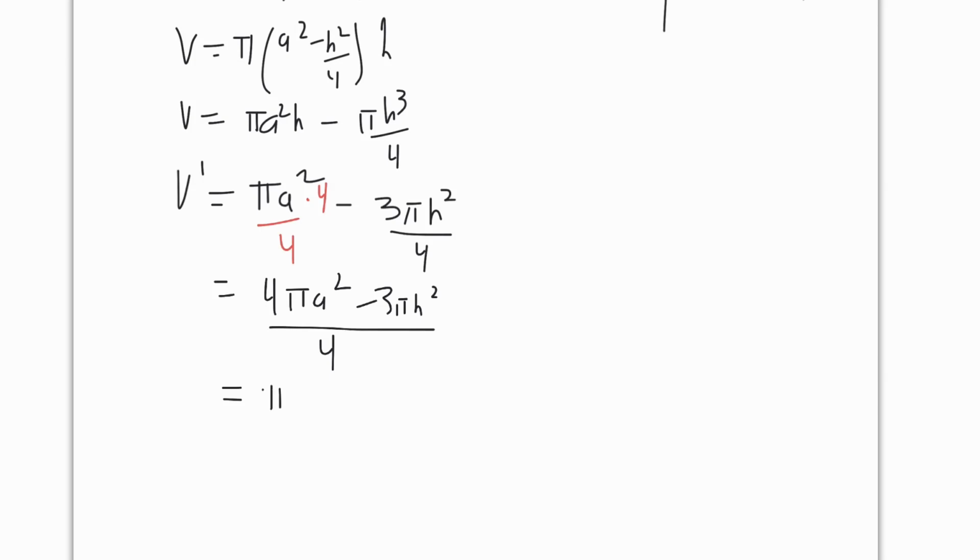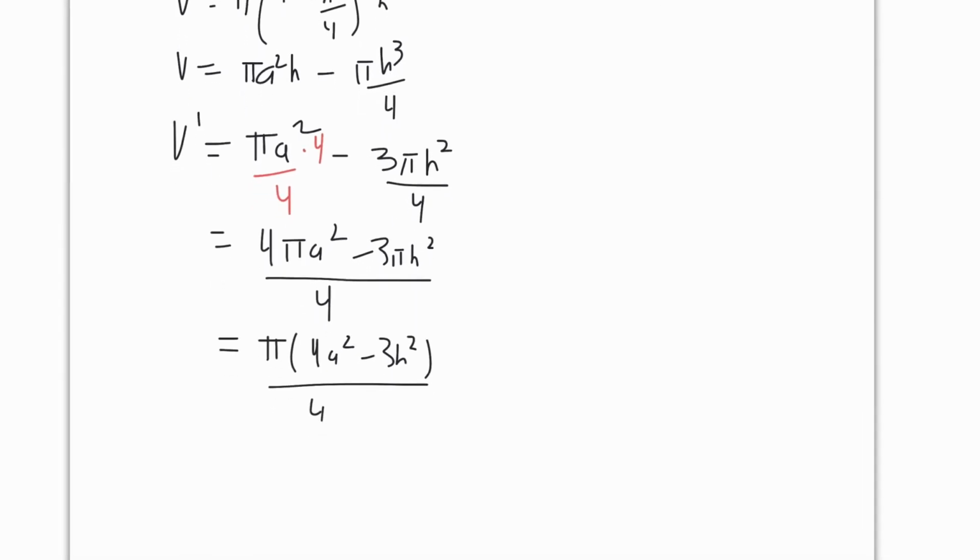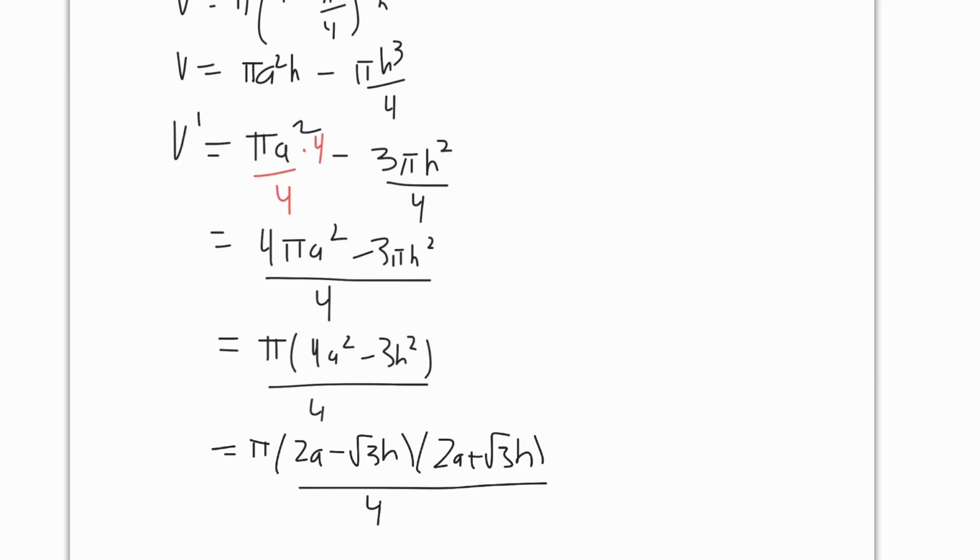There's that pi I want to factor, so pi times (4a squared minus 3h squared) over 4. And I can do my old difference of squares here. So (2a minus root 3 h)(2a plus root 3 h) over 4. Alright, so I'm going to have two different values here. Oh, maybe I should figure out what they are.